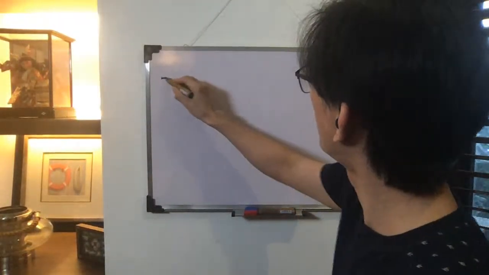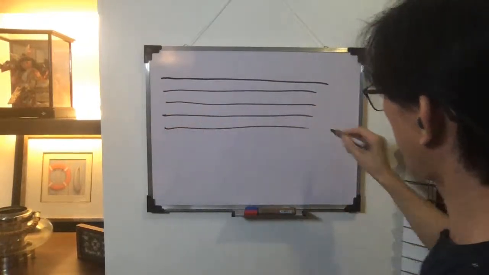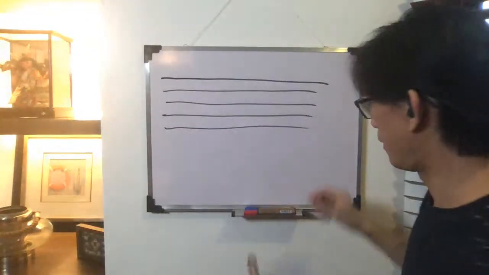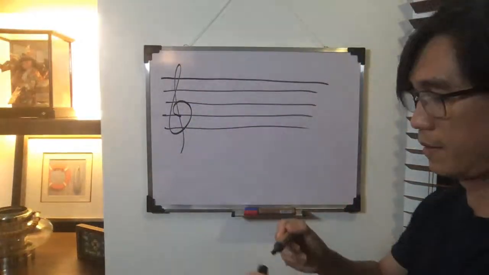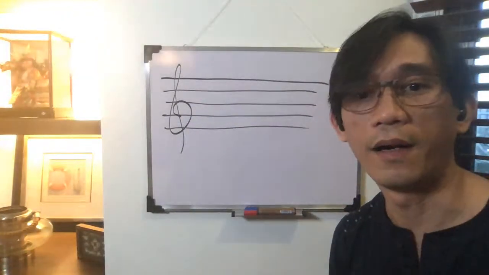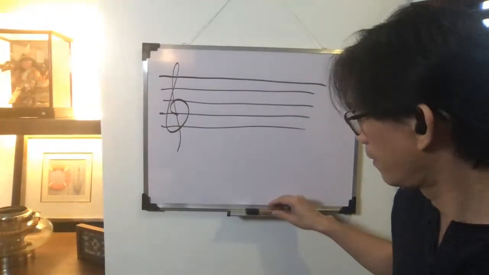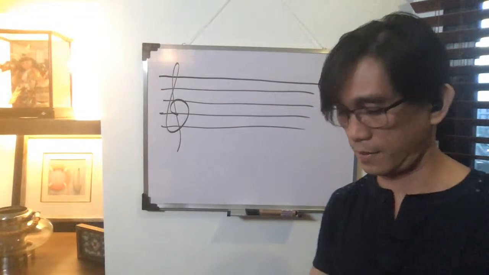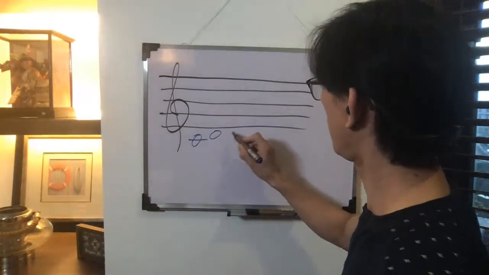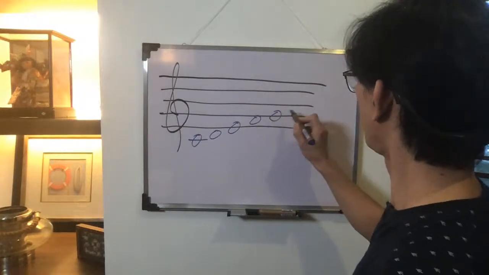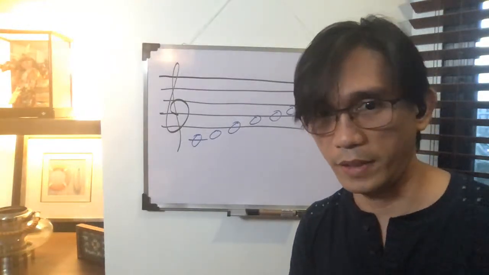So this is F. Okay, is this clear? Is it readable?